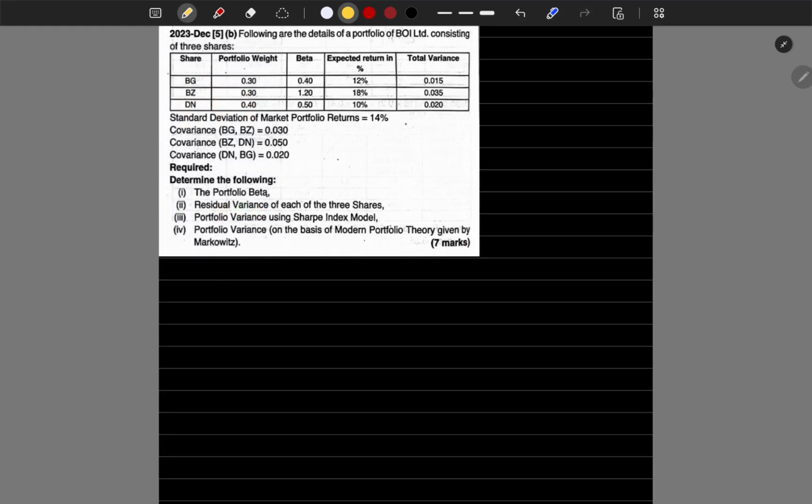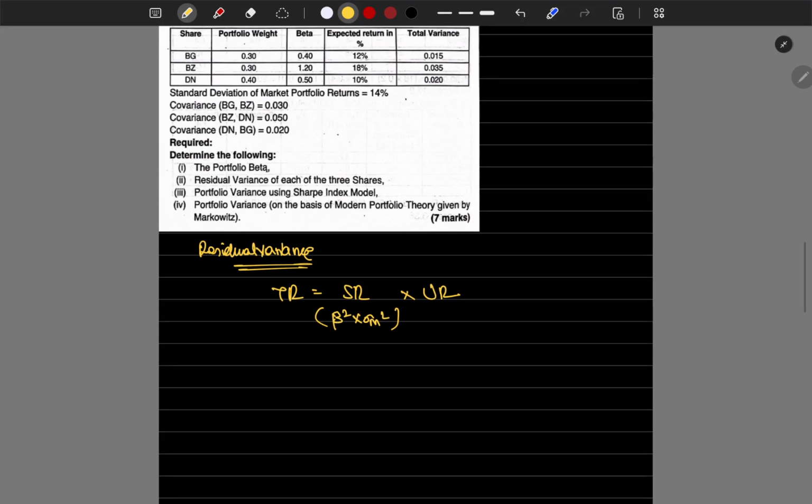We can calculate the residual variance only by calculating the total variance, because total variance is equal to systematic variance plus unsystematic variance. Systematic variance is beta square into sigma market square. We have to calculate this first.